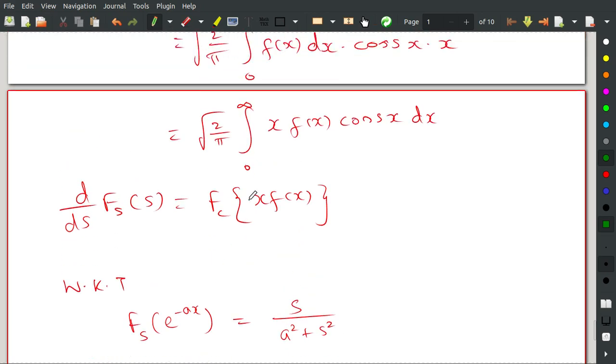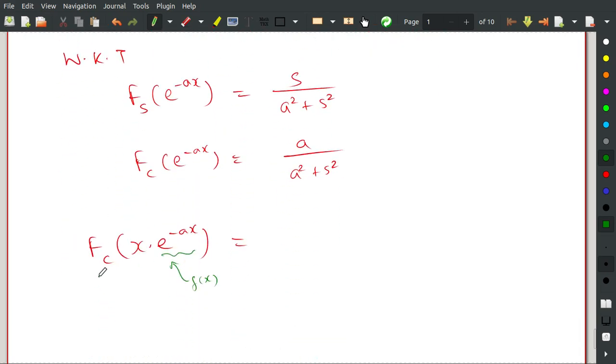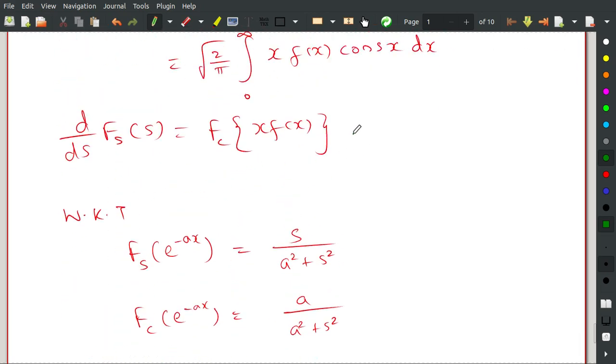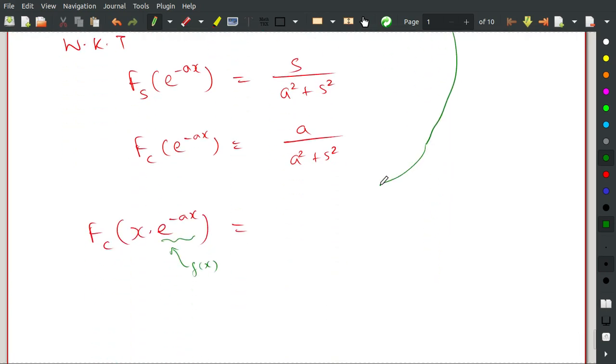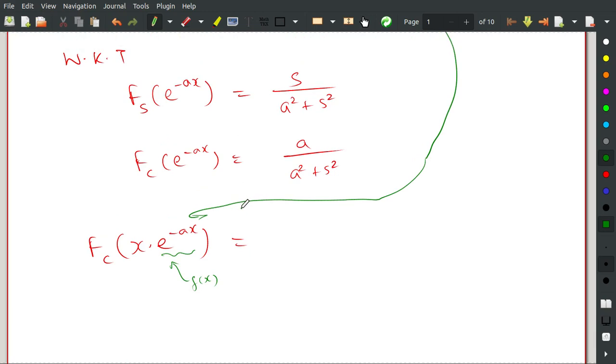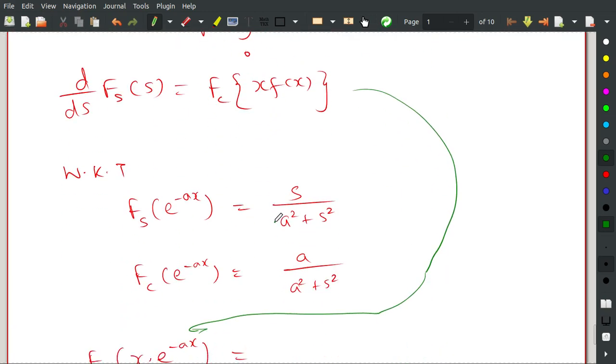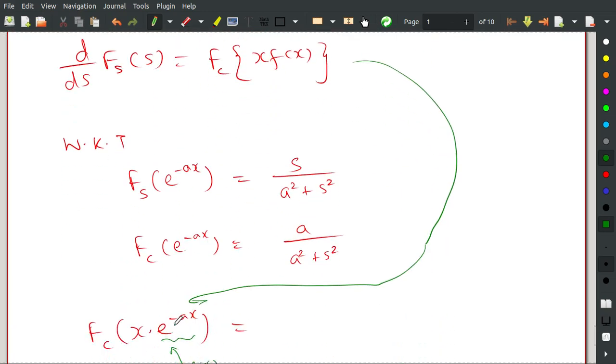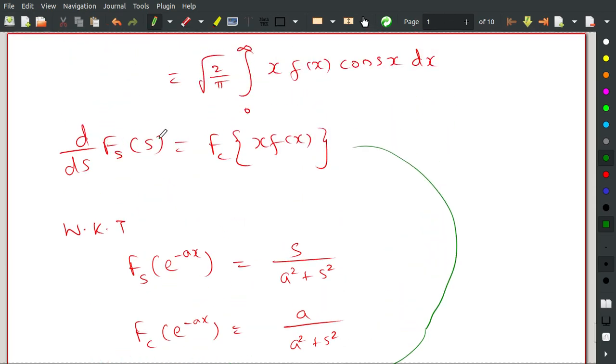So from this proof we can write the Fourier cosine transform of x into f of x is nothing but, and this entire thing is nothing but the Fourier sine transform of f of x.